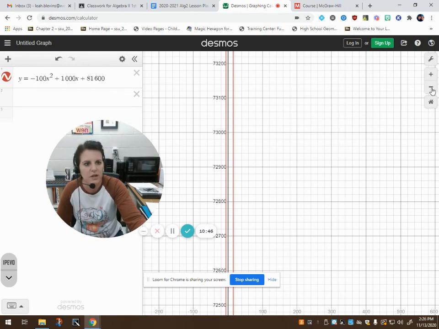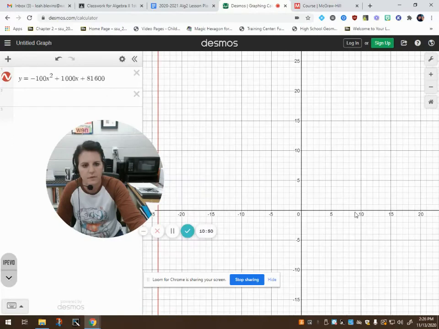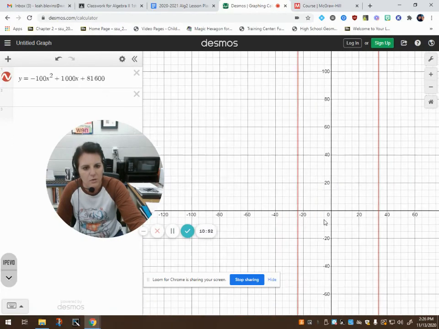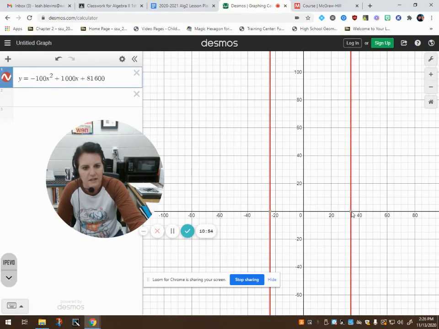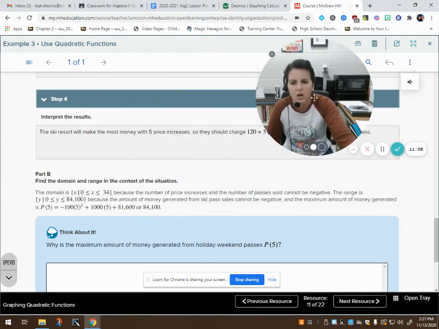You guys probably all know, and I don't. If I scroll out, here we go. There it is. Look at this point right here, 34. We're only wanting to look at the numbers from 0 to 34. Yes, all of this is part of my graph, but it wouldn't make sense to have answers down here in the negative. So that's why it's telling me my x values are between 0 and 34.